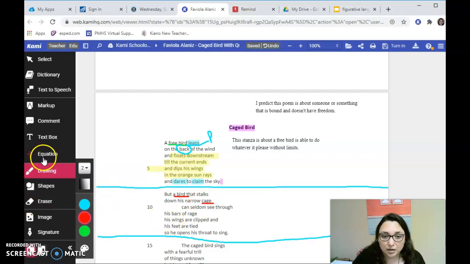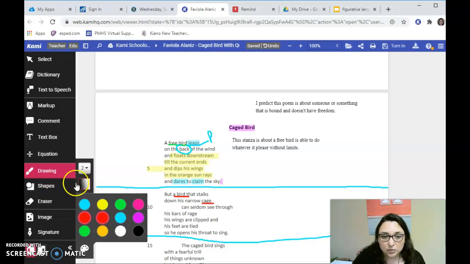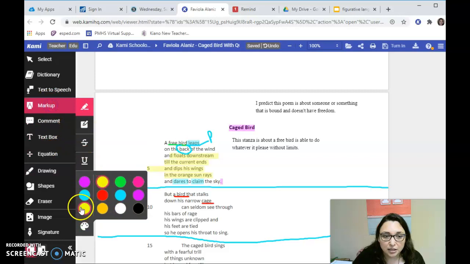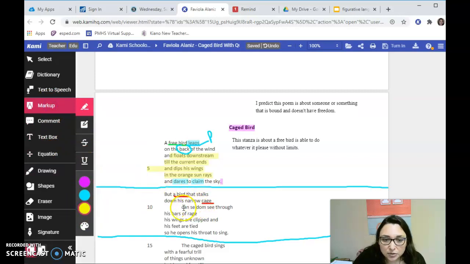I also get a lot of imagery from this. I can see that bird inside the cage and everything that's happened to it. I want to highlight that in yellow, all that imagery. His wings are clipped and his feet are tied, so he opens his throat to sing. So very big contrast between one bird and the other.